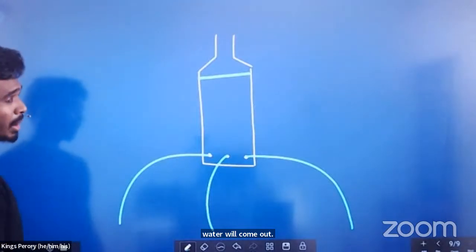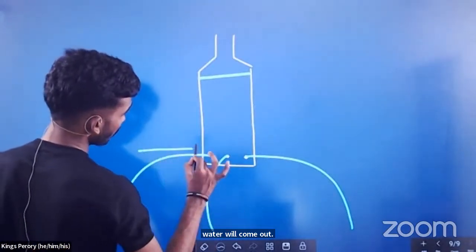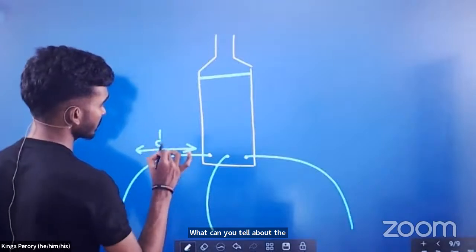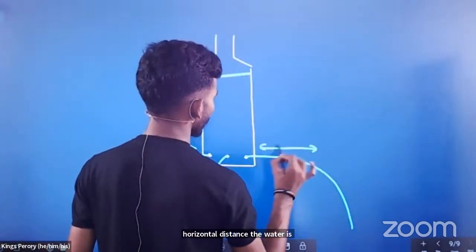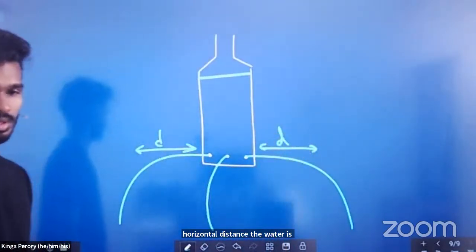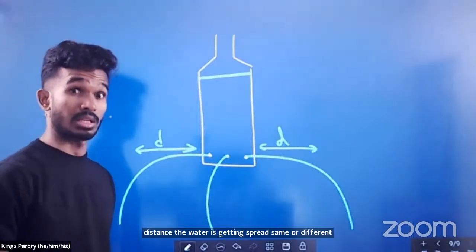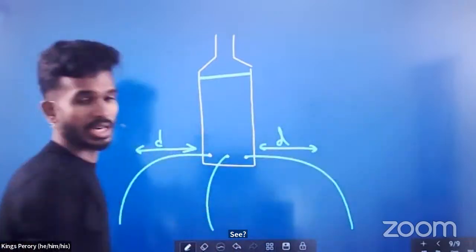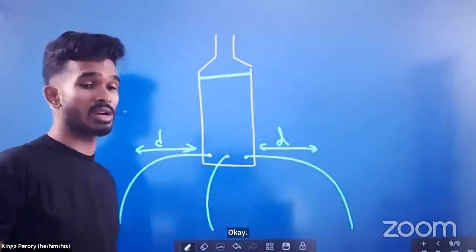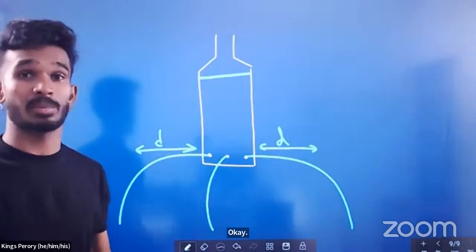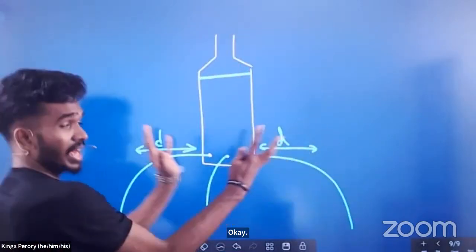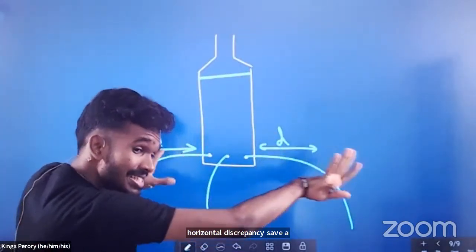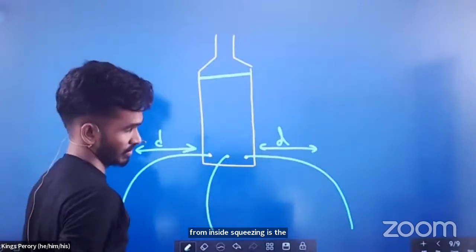What can you tell about the horizontal distance the water is sprayed? Same or different? Same. At the same level, the horizontal distance is the same. From inside, the squeezing is the same. That's why the distance is the same.